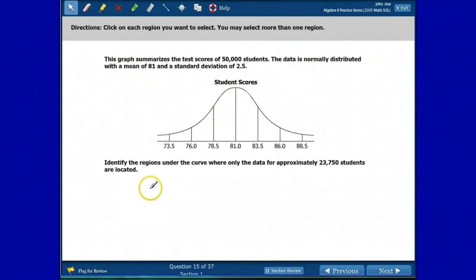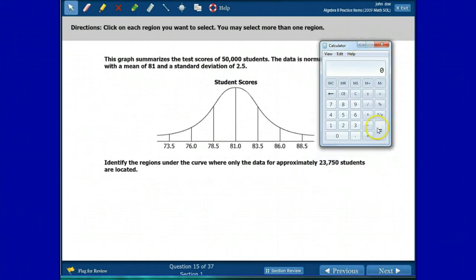Okay, and this one is standard deviation. With this particular problem, you've got a mean of 81, and they do the standard deviations for you. How nice of them. What you want to do is figure out approximately what percent this is. In fact, I can even bring up the cheapy cheesy calculator to show you can do it on this kind of calculator.